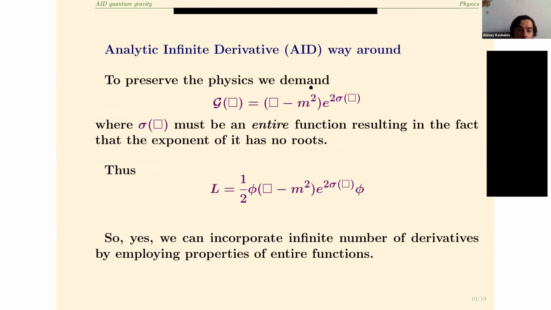The idea is that in principle, things will look different if instead of box minus m squared, we consider box minus m squared multiplied by the exponent of an entire function of box, where box is always our D'Alembertian operator. If it is the exponent of an entire function, then it is a function which doesn't have zeros on the whole complex plane. And being as such, and being inverted, it will not produce new poles on the whole complex plane.